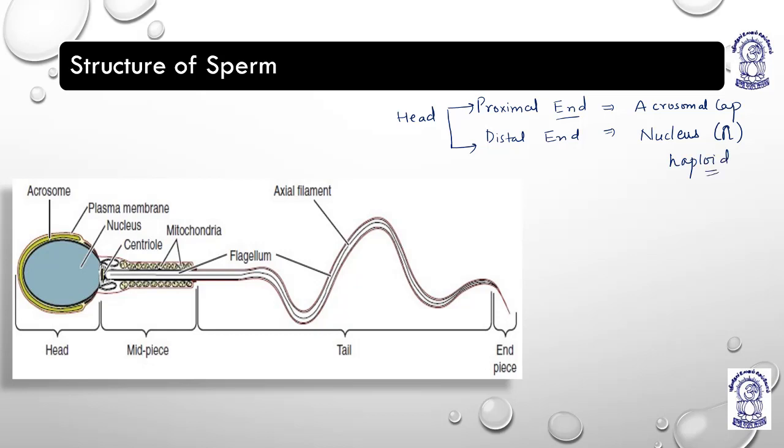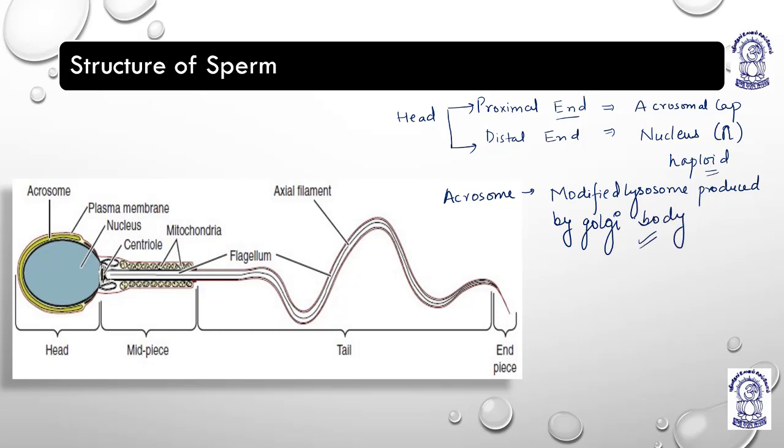Now coming to next, what is the function of the acrosome? Acrosome is basically a modified lysosome, produced by the Golgi body. So the acrosome is the modified lysosome produced by the Golgi body, and it helps to produce the hyaluronidase enzyme.